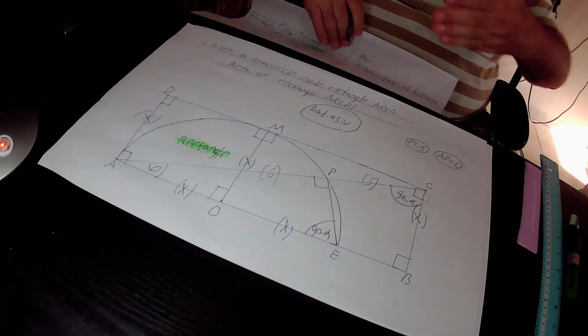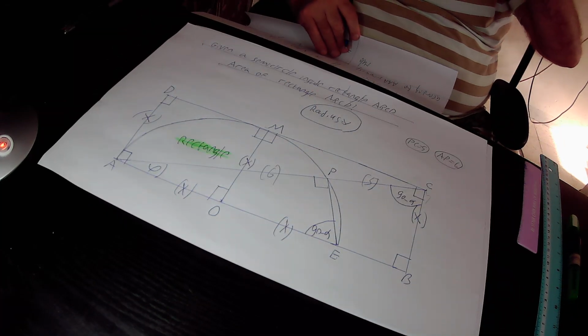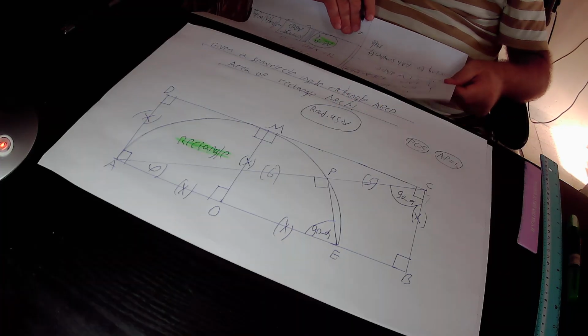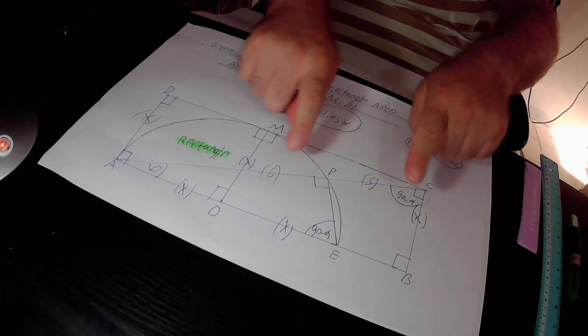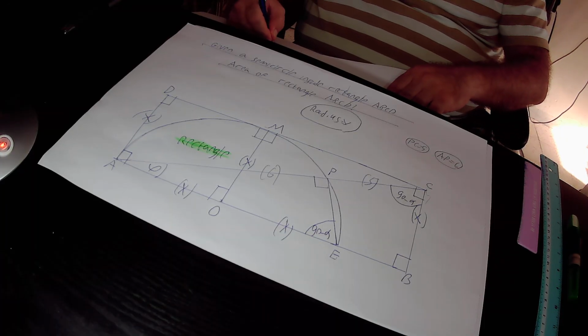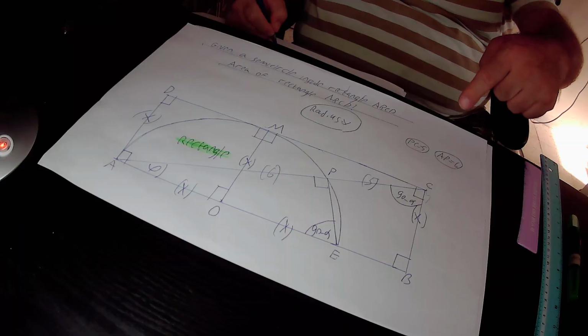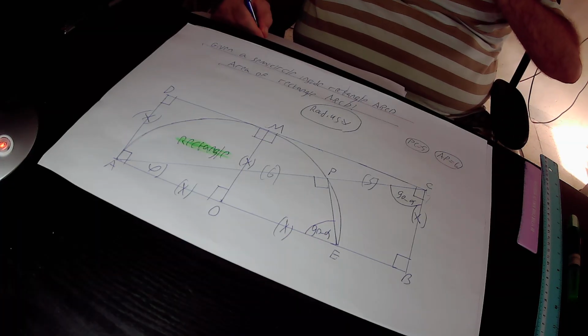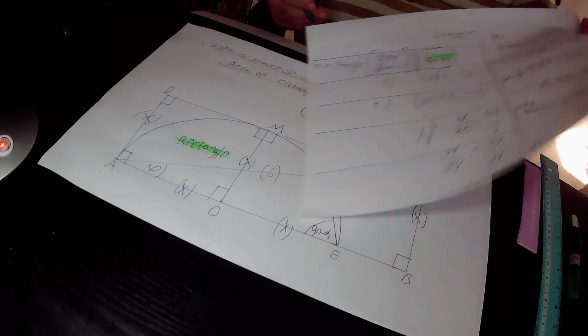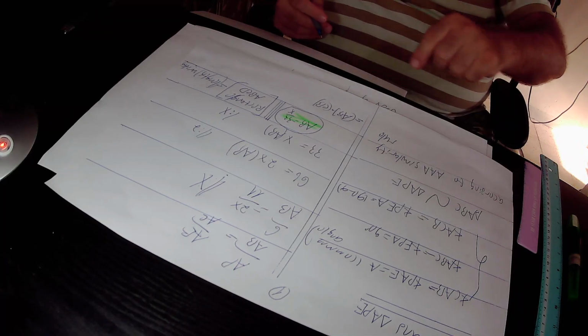And therefore, the area of this rectangle ABCD must be equal to the length of this rectangle ABCD times the width. The length of this rectangle ABCD is AB, and the width is CB. So we found that the area of this rectangle ABCD must be equal to AB times CB.